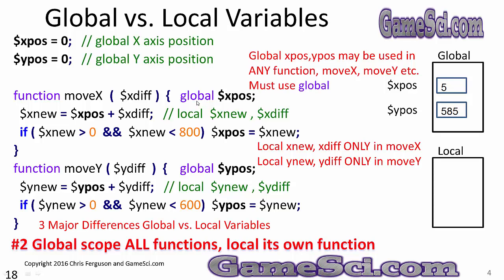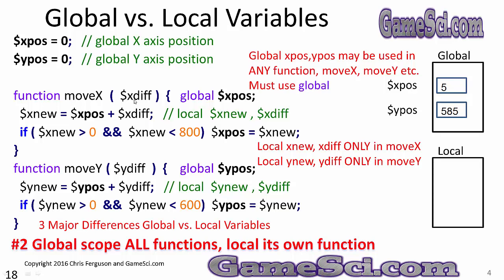So anywhere I use this keyword global, I can access it. If I wrote 30 functions and I put this global x position at the top of all 30 functions, then all 30 functions can use these variables. Local variables are though quite different. Local variables xnew, xdiff, ynew, ydiff are only good in move x. The local function owns these variables.